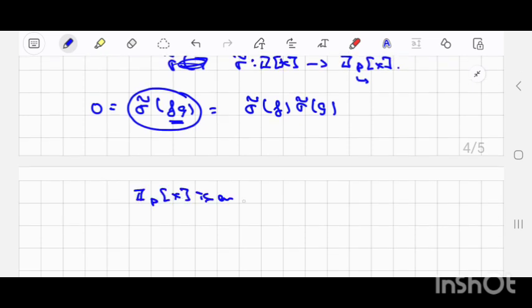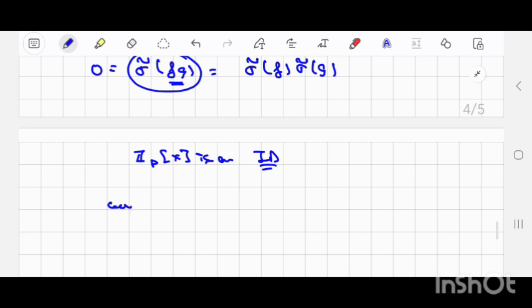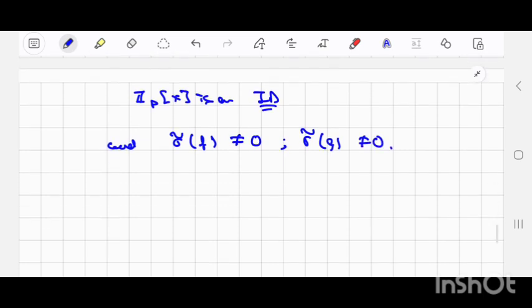Z_p[x] is an integral domain, right? Why? Because Z_p is a field, so it's an integral domain. And moreover, since f is primitive and g is primitive, the GCD is 1, so there does not exist a prime which will divide every coefficient. That means sigma tilde of f is non-zero and sigma tilde of g is also non-zero, because the coefficients never all become 0 modulo p for any prime.